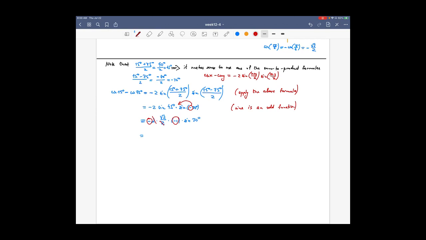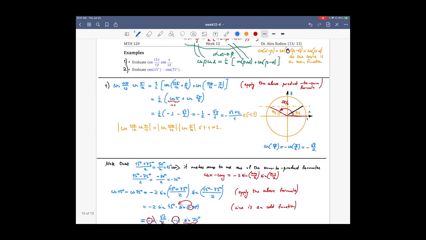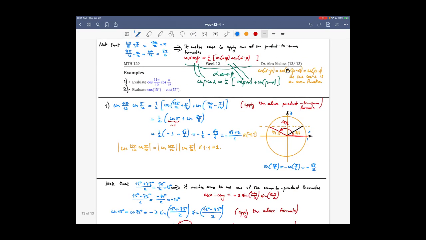Negative and negative cancel out. We get root 2 times sine of 30, which we know is 1/2. All right, this example is now over, and we are done with our study of trigonometric identities. Thank you.